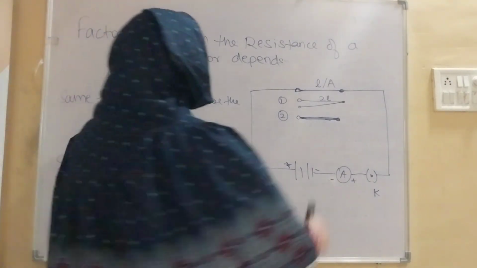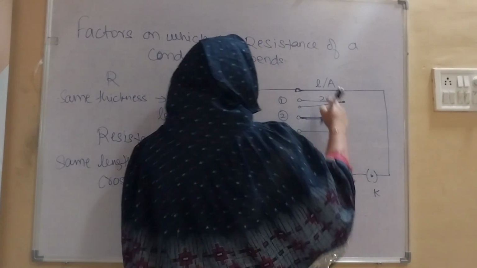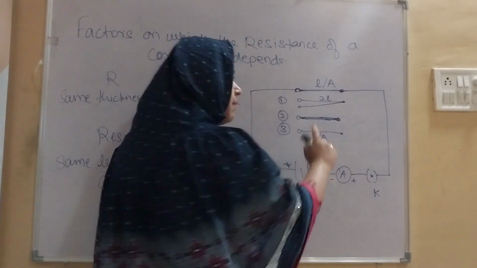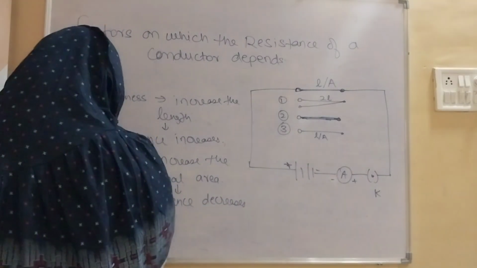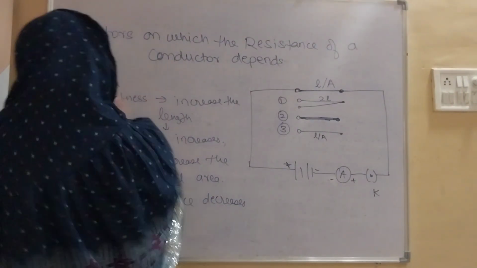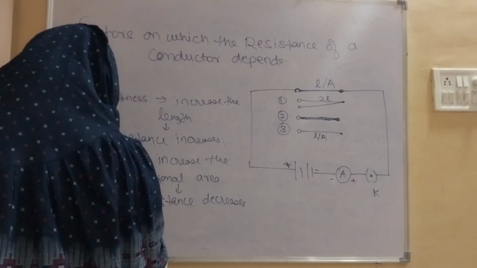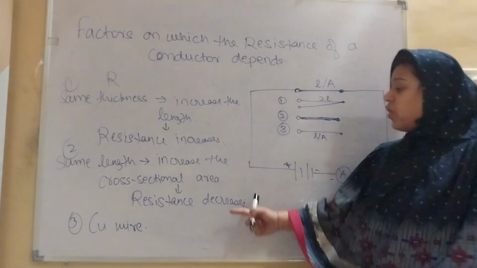Okay, in the third case, we replace the wire with one of the same length and same area, L and A, but now we take a copper wire. This is the first case, this is the second case, and in the third case we take a copper wire.